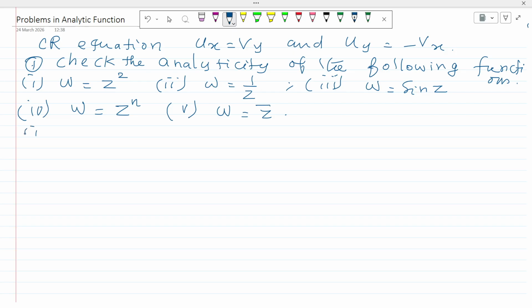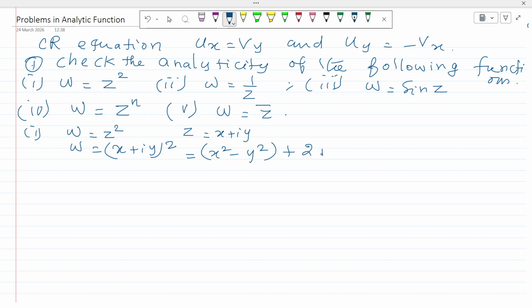First one, W equal to z square. What is z here? z is x plus iy. So W equal to x plus iy whole square. So you can get this as x square minus y square plus 2ixy.